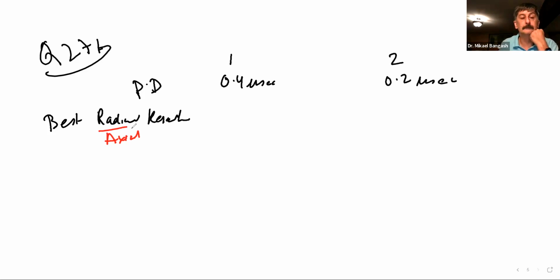Well, it can, if you keep in mind that pulse duration is directly proportional to spatial pulse length. Did that make sense?